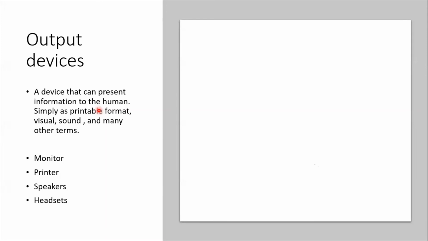There might be situations like that also. But in the common scenario, the common way that we are speaking about, output devices are the devices that can present the information to another human.